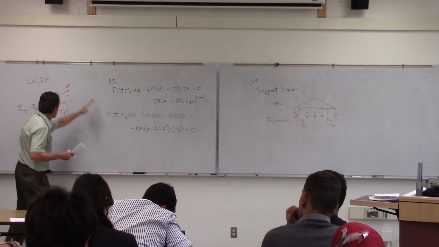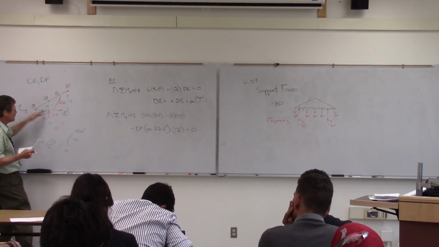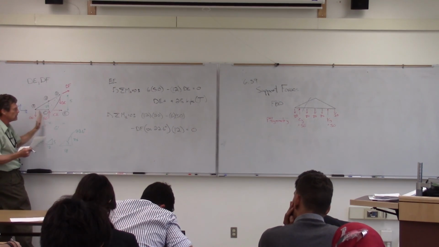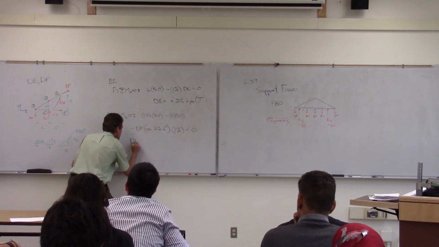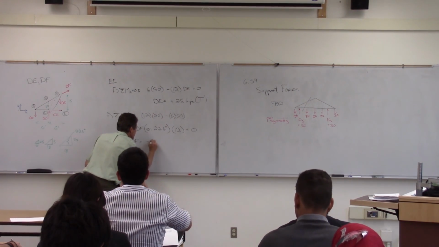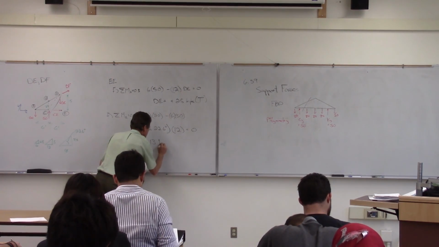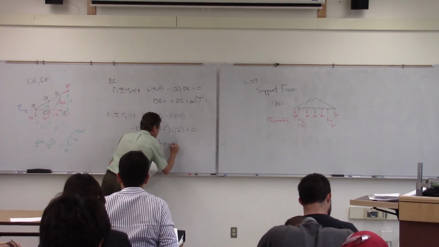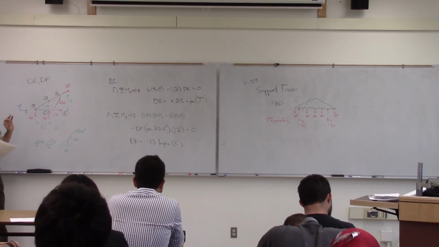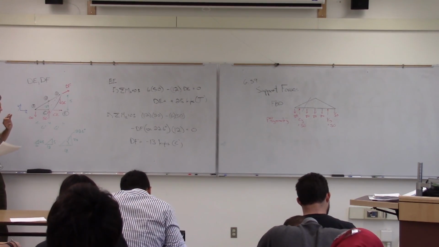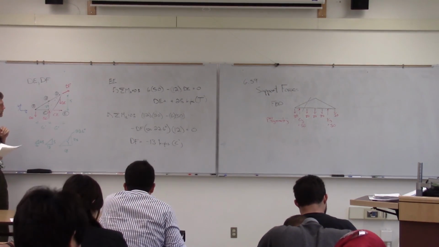So I can slide that down here to the A, which is going to be 12 away from my E there, same as the 20, basically. And what I can solve for then is that DF there is minus 13 kips, or 13 kips in compression.